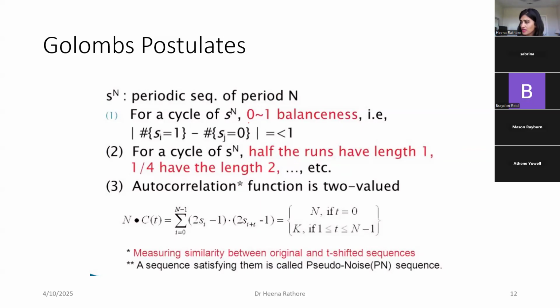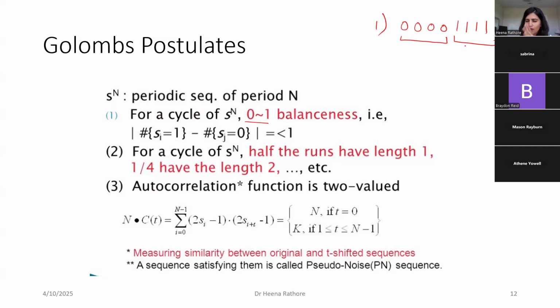One is 0, 1 balance. So let's suppose you have 0, 0, 0, 1, 1, 1, 1. The first property says calculate the number of runs. So here in this case is one run and this is another run.